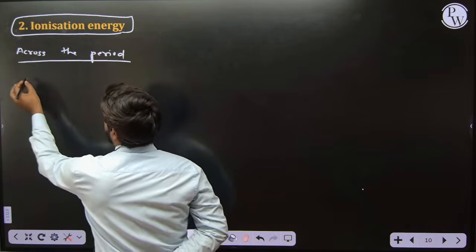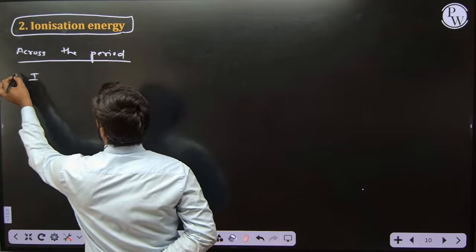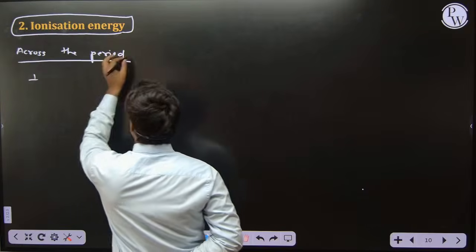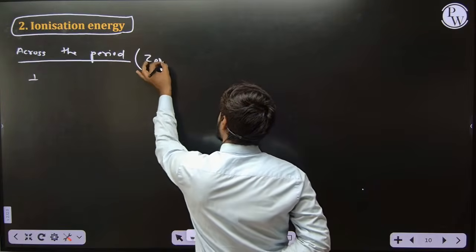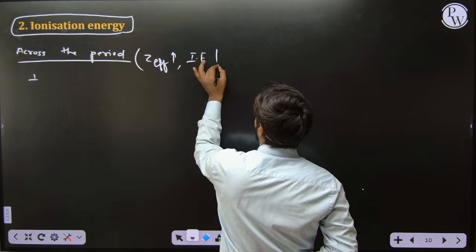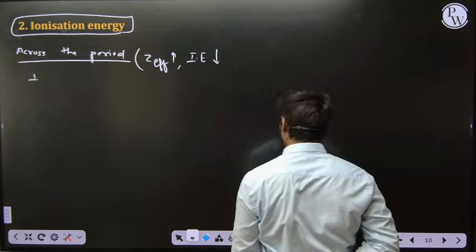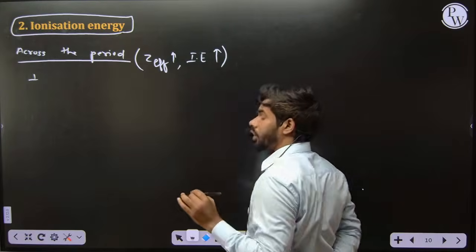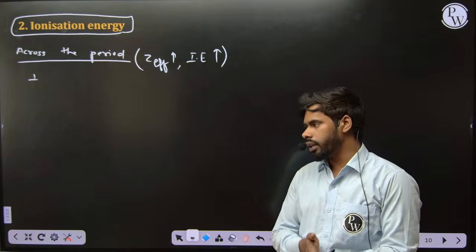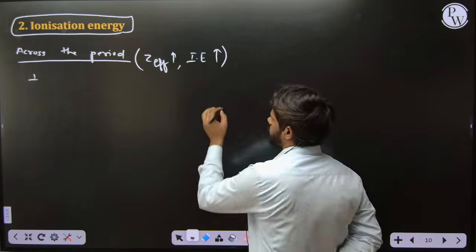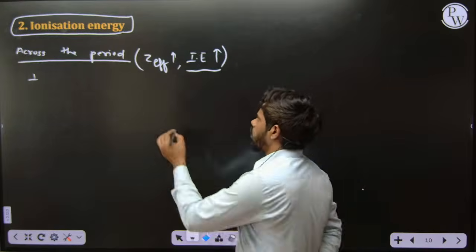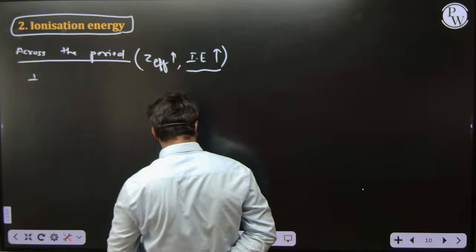Across the period, as we know Z effective increases, so ionization energy will also increase, as Z effective increases, the force of attraction on the last electron increases. So due to that, we can say the ionization energy or enthalpy will increase.